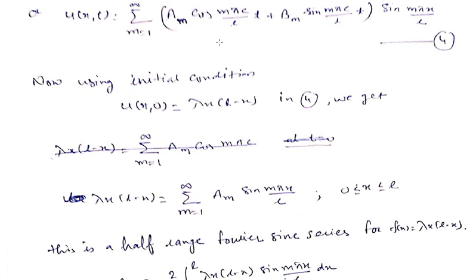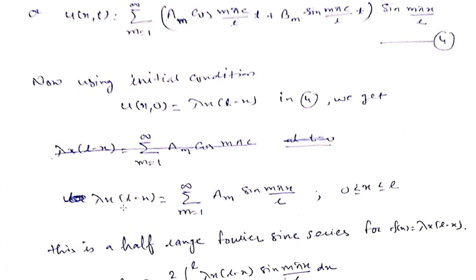When we put t equals 0, cos 0 is 1. The second term is b_m sin(m pi ct). When we put t equals 0, it becomes 0, so the second term will vanish. So here we have only a_m into sin(m pi x upon L), for x lying between 0 and L.